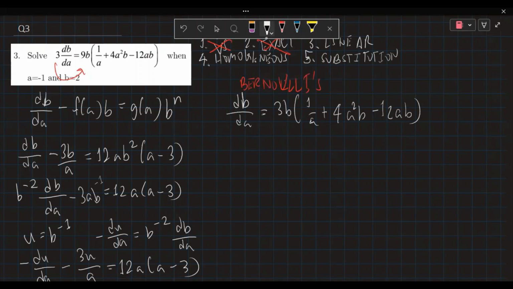So this becomes basically dB over dA equals 3 over AB plus 12 A squared B squared minus 12 B squared. Wait, this is 36. Apologies.